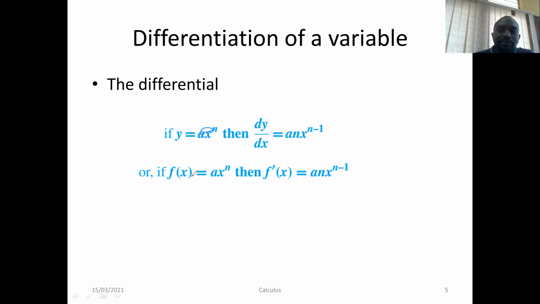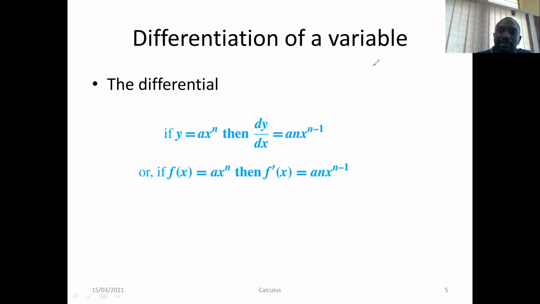You do the same for any function of x equals ax to the power n. So therefore, the power multiplies with the coefficient, and then this power again is subtracted by 1. So let's look at an example to illustrate this.